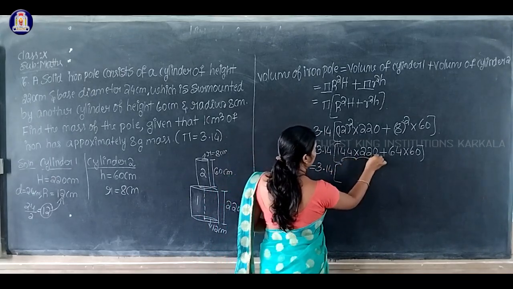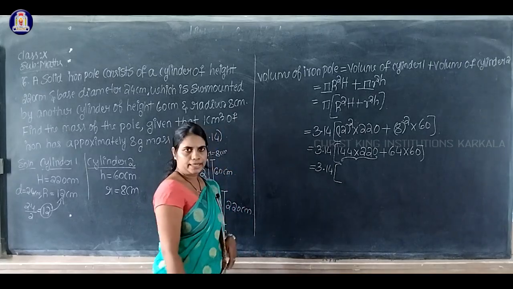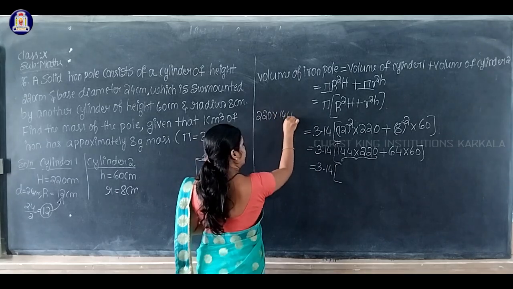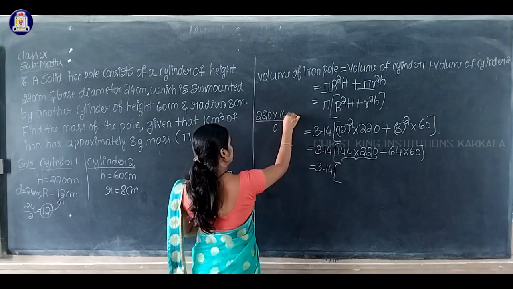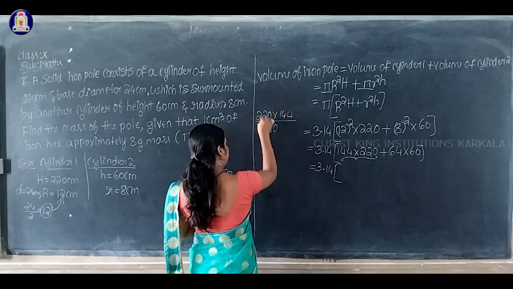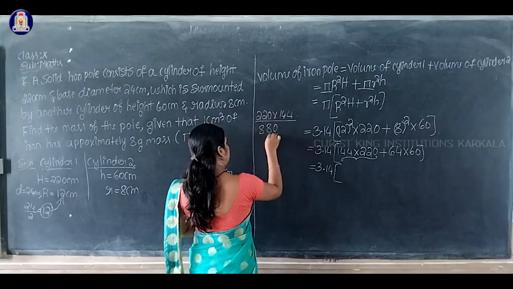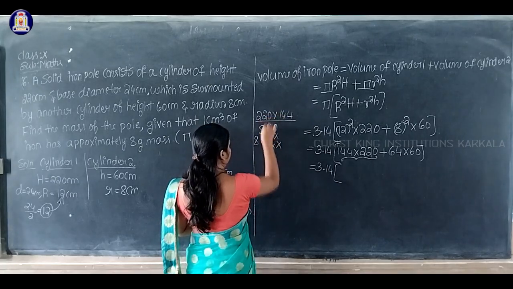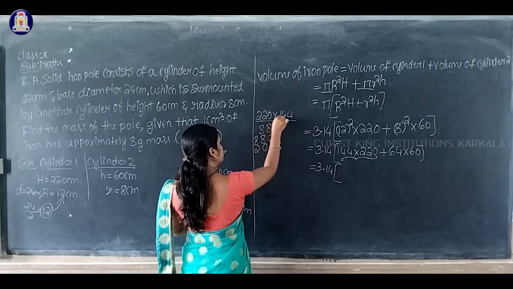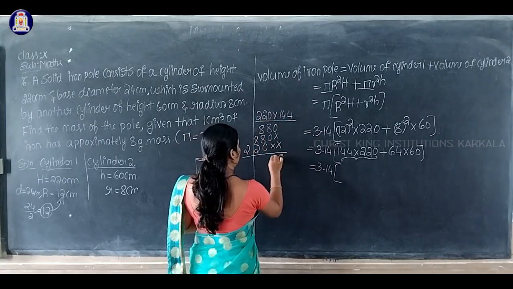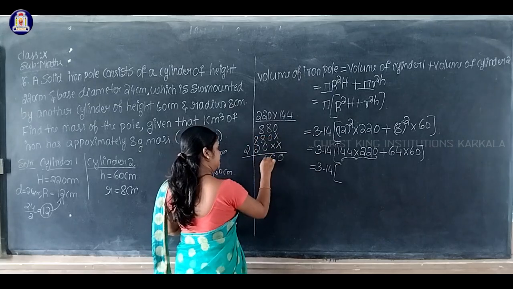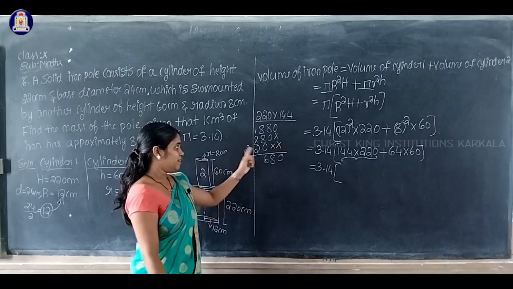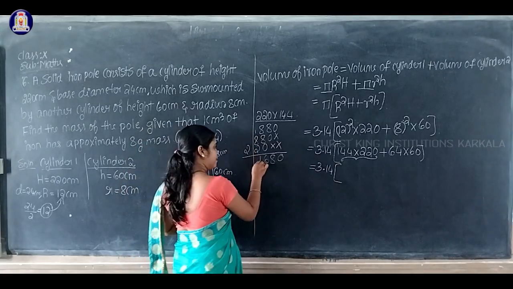Now 144 into 220 equal to how much? 4 into 0, 0. 4 twos are 8. 4 twos are 8. Next, 1 into 0, 0. 1 two is 2. 1 two is 2. Adding: 8 plus 8 is 16, 1 carrying; 8 plus 2 is 10, plus 1 is 11.